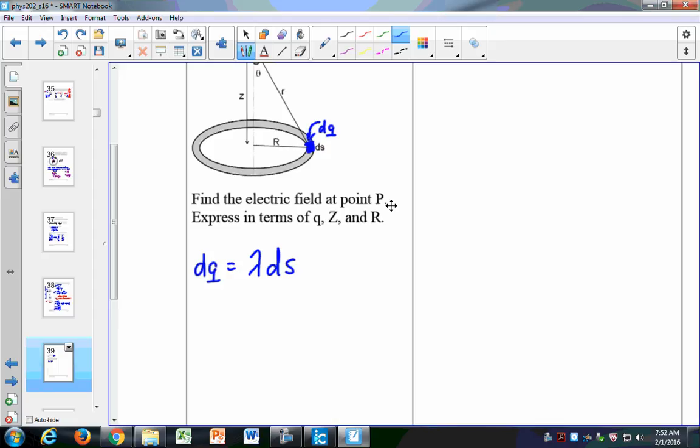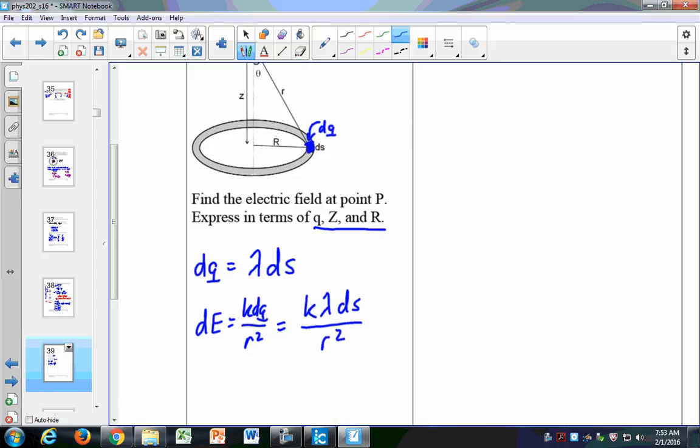Then the electric field due to that differential element, I'll call it dE, will equal k dq over r squared, just beginning with our original expression. That's going to be k lambda ds over r squared. Now, I want to get it in terms of Z and big R. I don't want it in terms of little r. That's part of my request here.